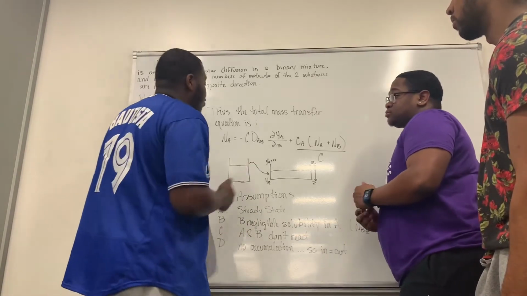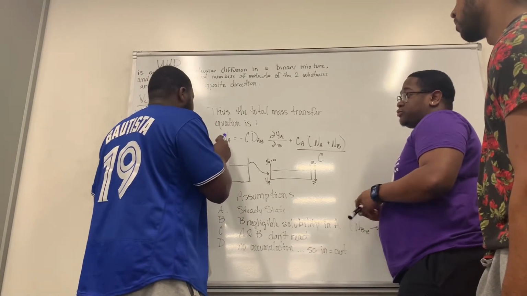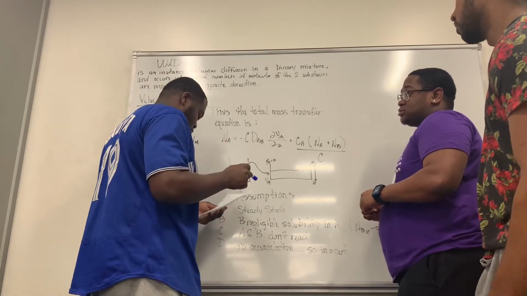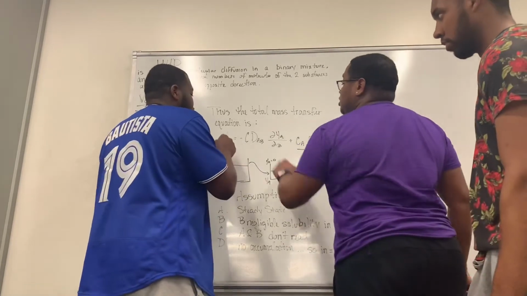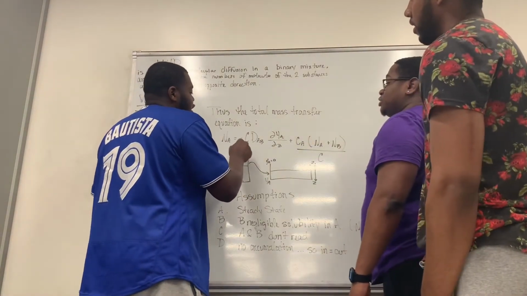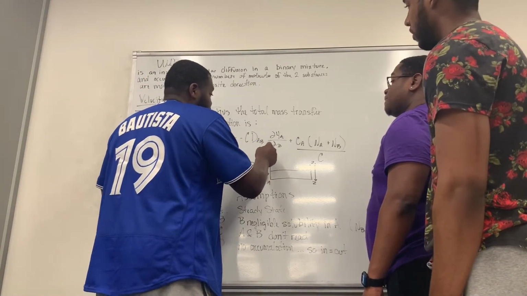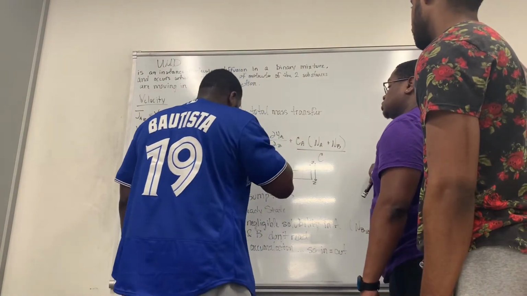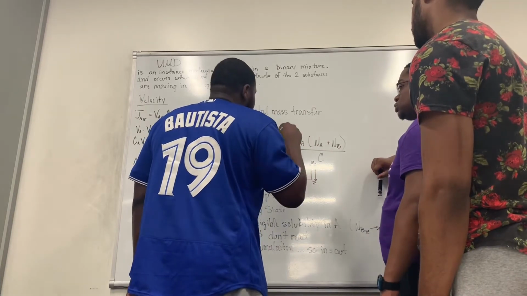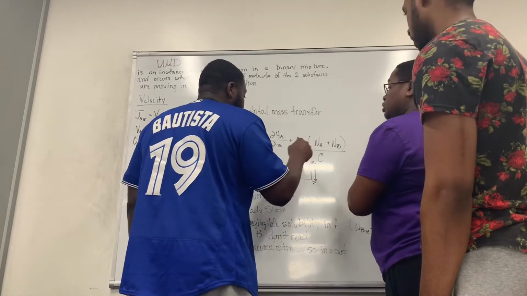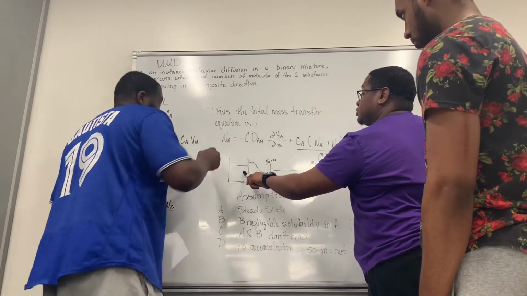Our final equation: NA is the flux of A, which equals the negative of the total concentration times the diffusion coefficient times the gradient, plus the concentration of A times the summation of the flux of A and B over the total concentration.